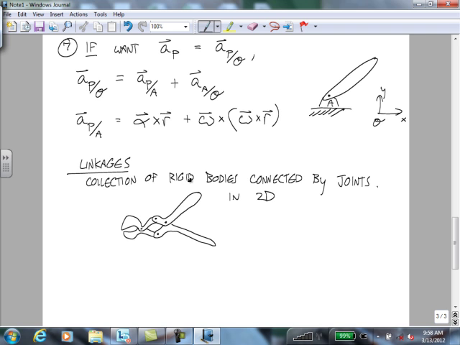In 2 dimensions, this is kind of an aside, but in 2D, these joints will almost always be pin joints.